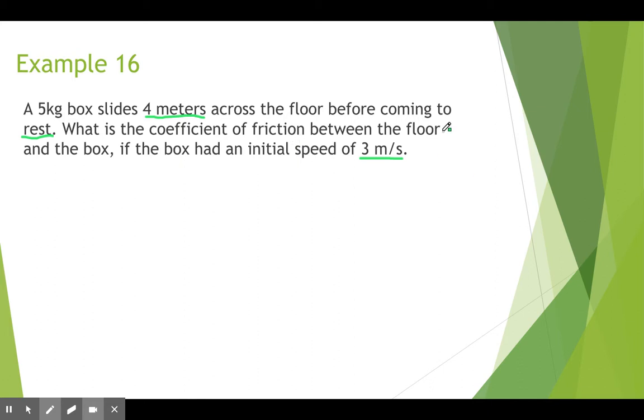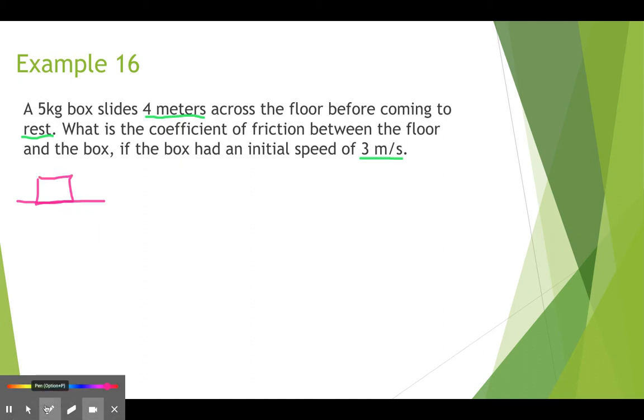So I'm going to quickly sketch over here our situation, what we're dealing with. Okay, so on a flat horizontal surface, we have a 5 kilogram box.